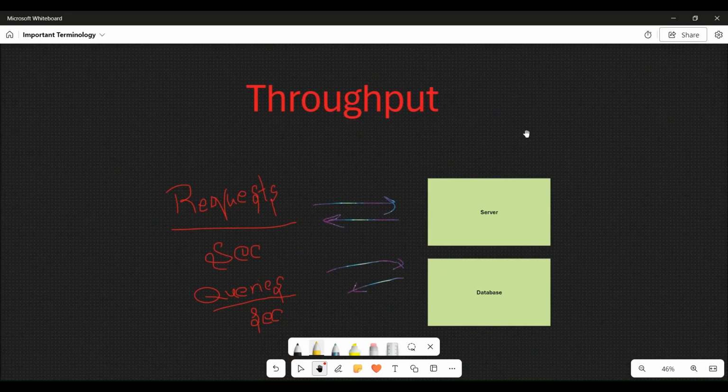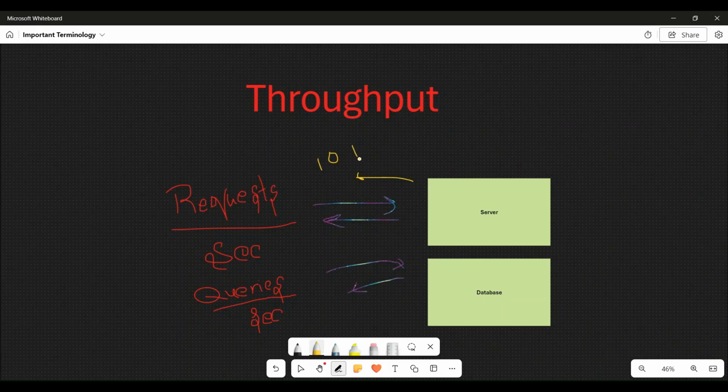Now let us get into the next term, which is throughput. For example, there is a server. Throughput means how many concurrent requests or queries a server can handle. For example, 10 users are requesting the server at a time, and the server is responding with a good response. Then the server is handling 10 concurrent requests per second.